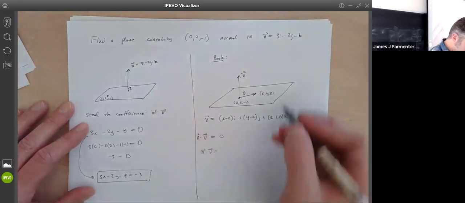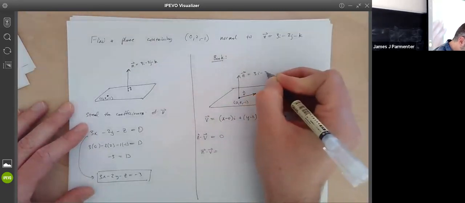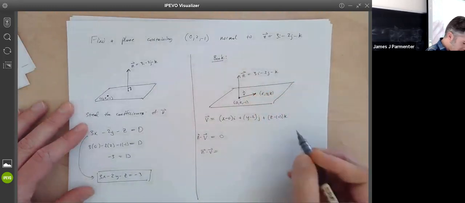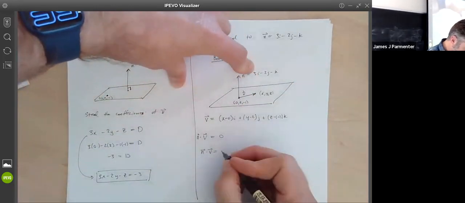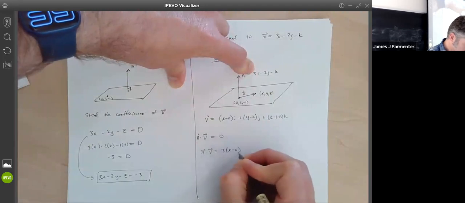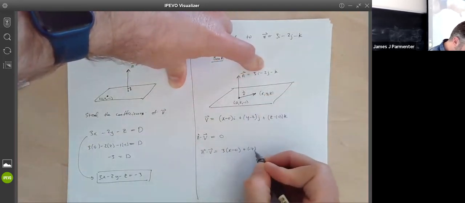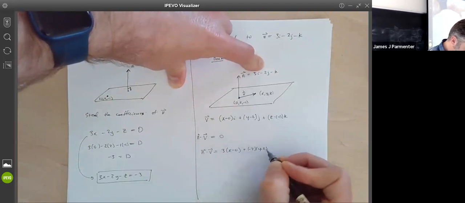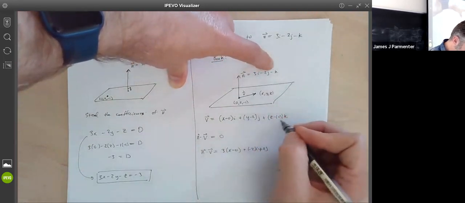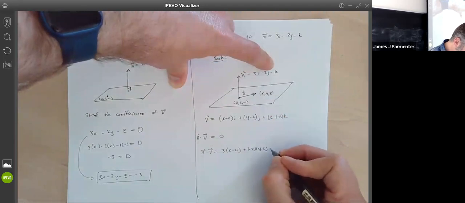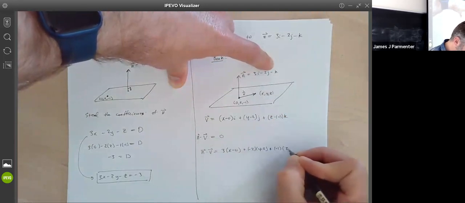So there's v. Here's n again. So I'm going to have 3 times x minus 0, plus -2 times y minus 2, plus -1 times z minus -1. I'm going to write z plus 1.